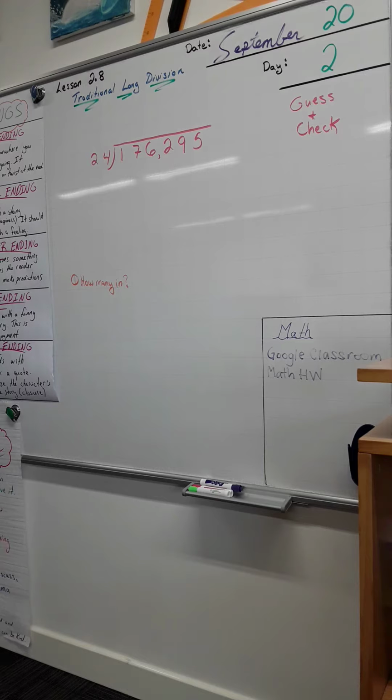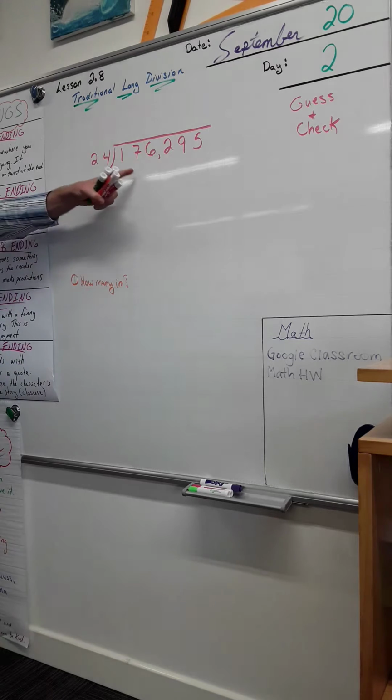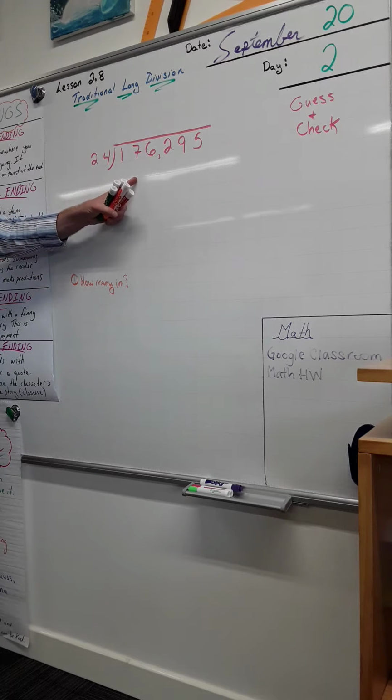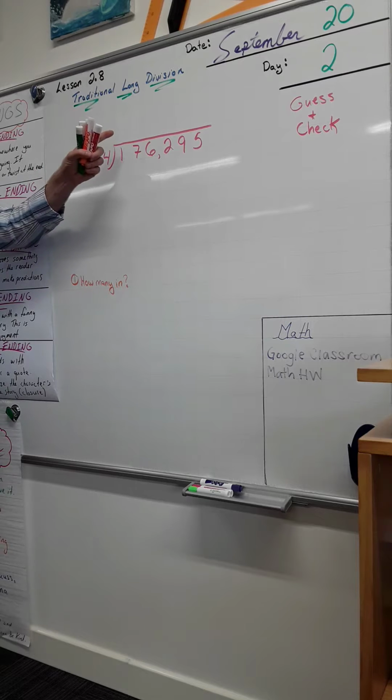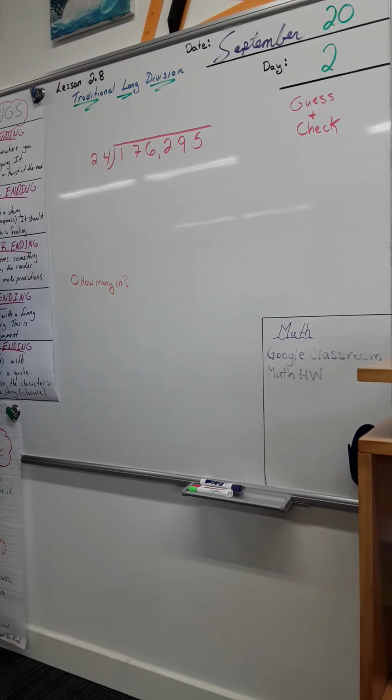And what I mean by that is we have two types of numbers here. The large number that we're breaking apart is called our dividend. The number we're breaking into pieces, how many equal groups we're doing, is called our divisor. The answer, of course, in division is called our quotient, and that'll go at the top. But step number 1 is always going to be how many in.